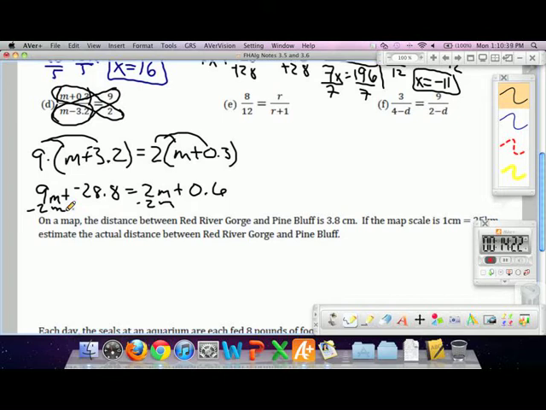Group, multiply, distribute. Oh yeah, I forgot how to do that.